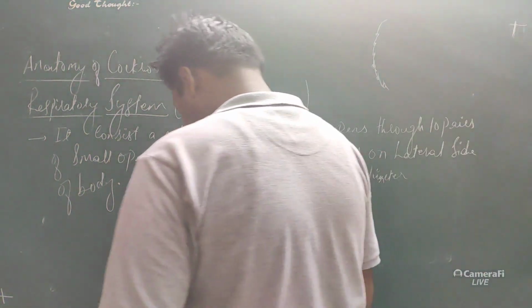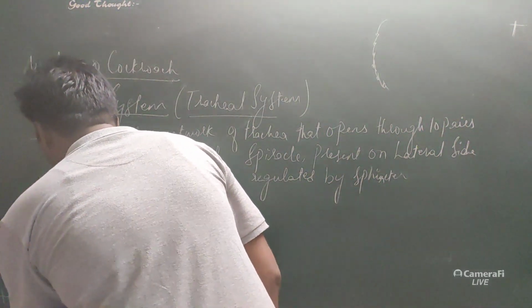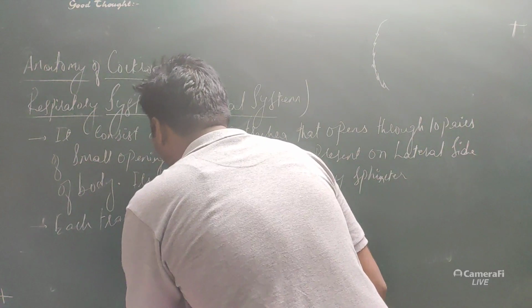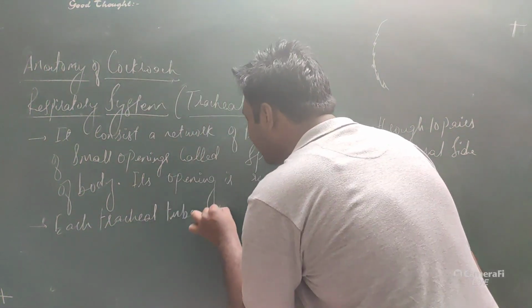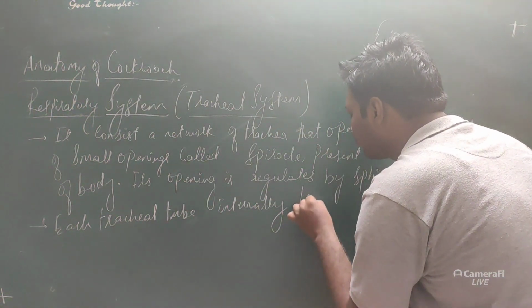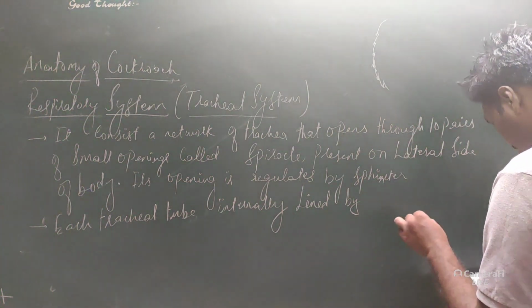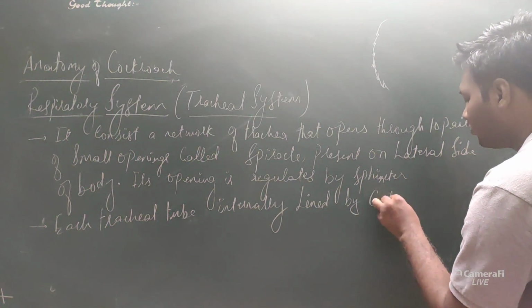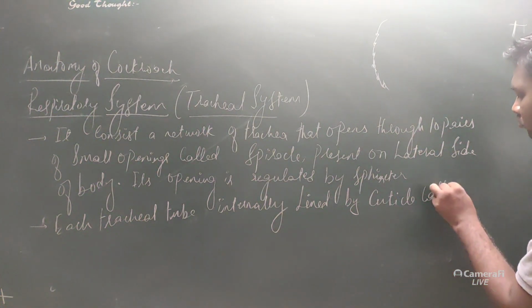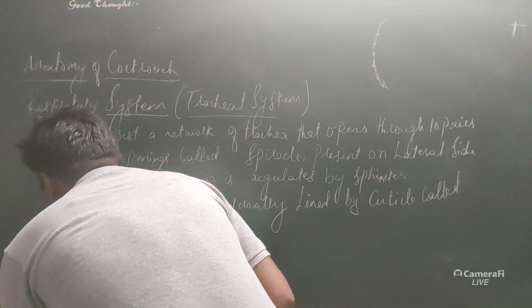Okay, the next, each tracheal tube is internally lined by cuticle, called intima.